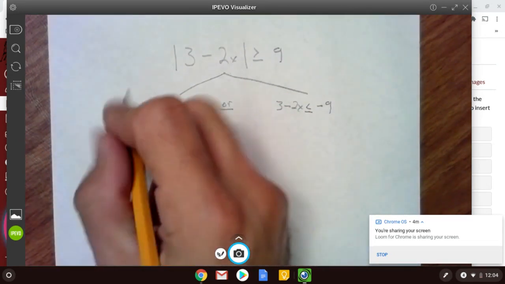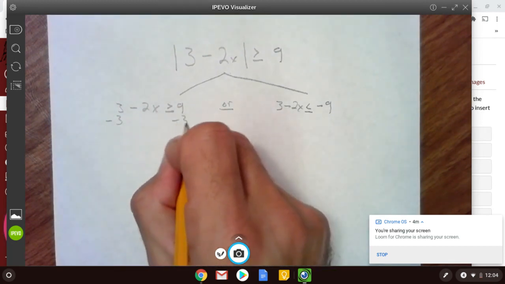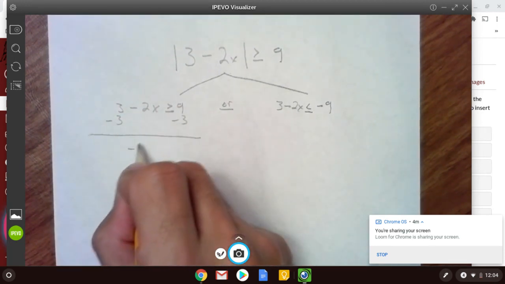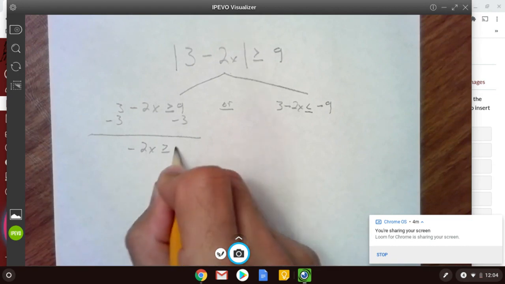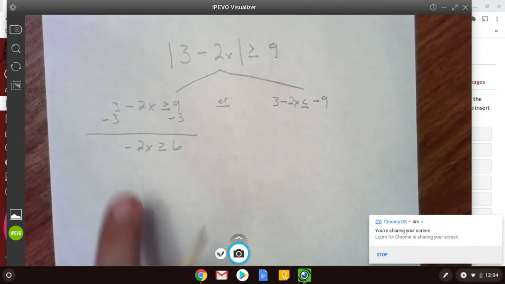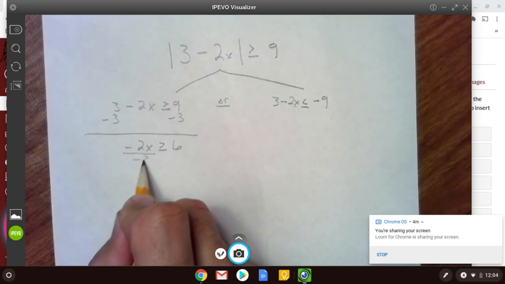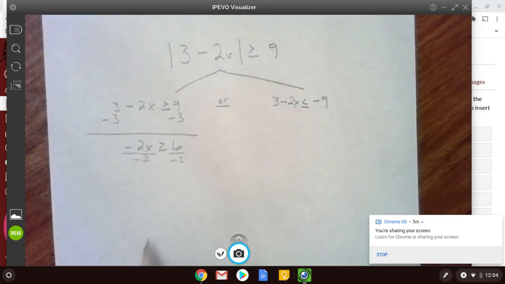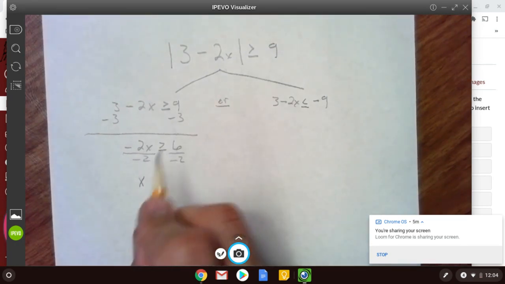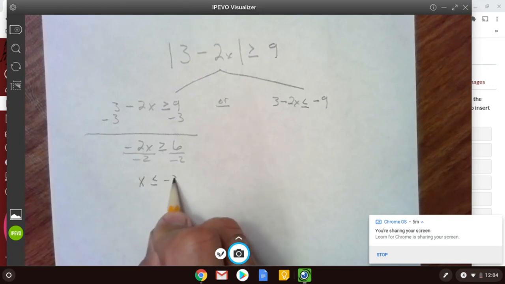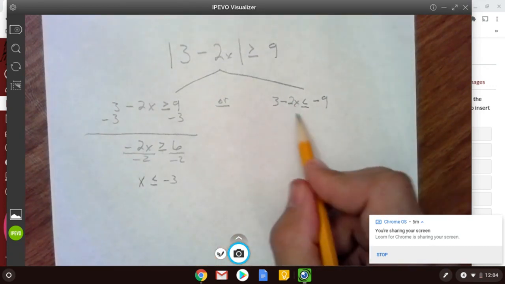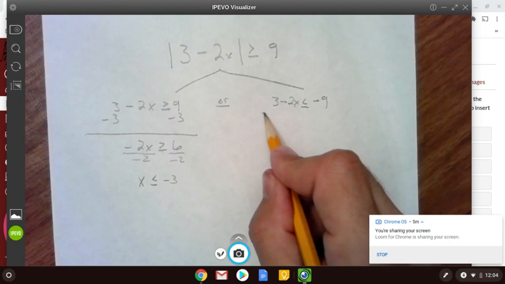All right, -3 from both sides. You get -2x is greater than or equal to 6. Divide both sides by -2. Because you divided by a negative, we've got to flip our sign. And that one's solved. On this one, we'll minus 3.